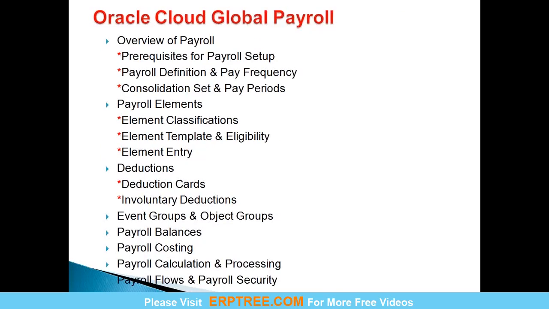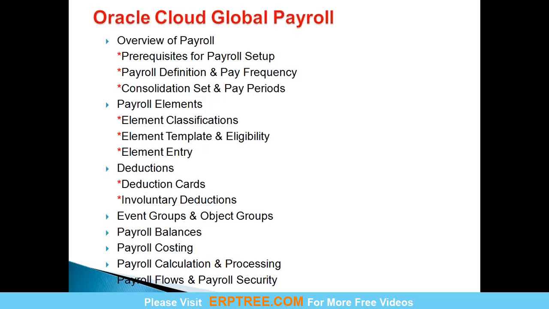And also we are going to cover payroll, global payroll. In that, we are going to cover an overview of the payroll, how to define the payroll elements and the related information. So when we say element, deductions also will come in that, earnings and deductions. As a part of deductions creation, we have something called deduction card, involuntary deductions.